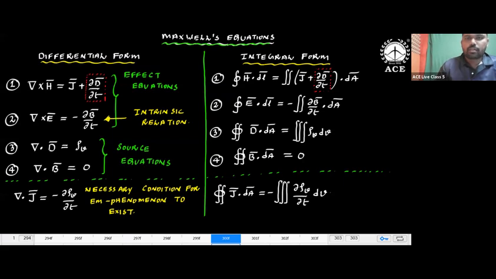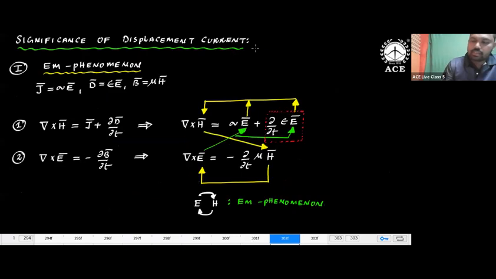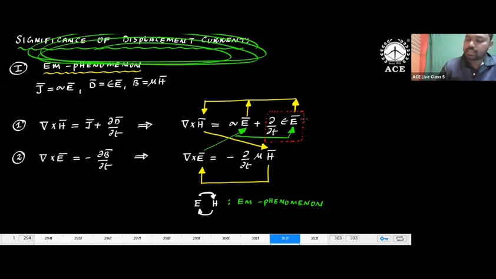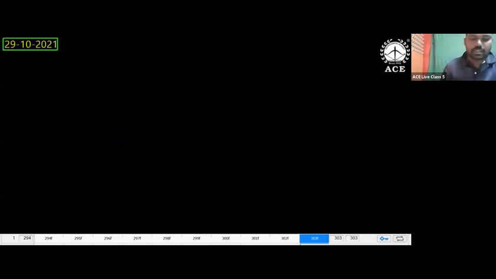Now we were discussing the significance of displacement current or displacement current density. I have explained that because of this displacement current, there is EM phenomena. Fine. Let us take one more significance here. We want to understand how the EM phenomena exists inside the perfect conductor. What happens to the EM phenomena inside the perfect conductor? Number 2.